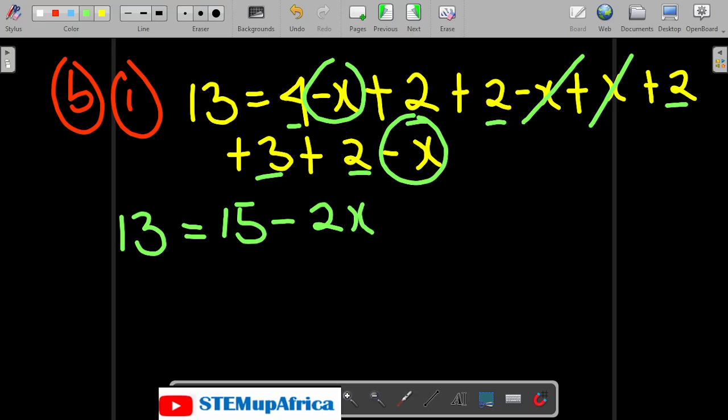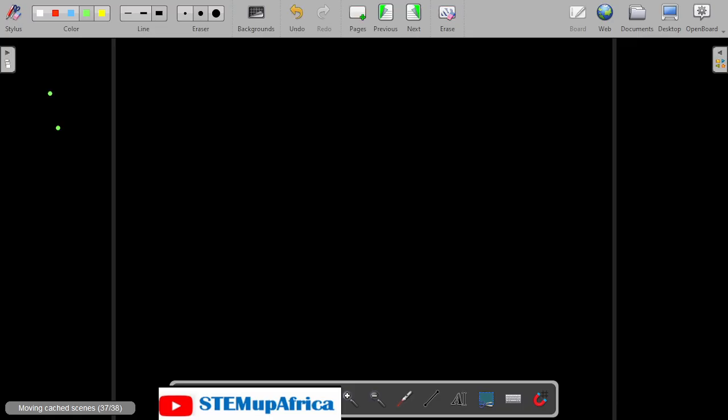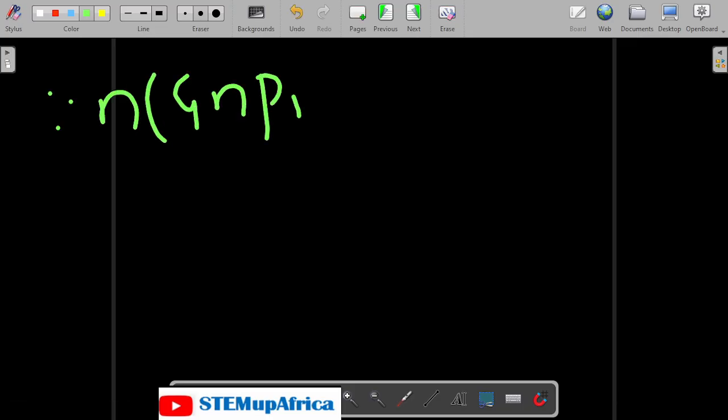From here I can find my x. 2x is now 15 minus 13. 2x equals 2. Therefore x is 2 over 2, the value is 1. So the number that teaches government intersection geography intersection history is 1.